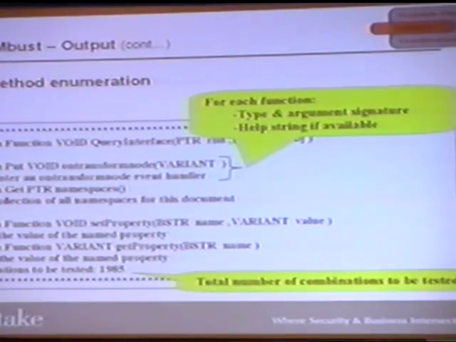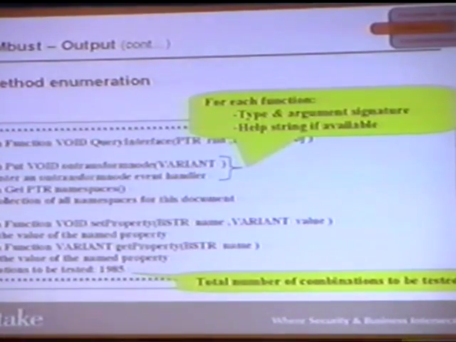Then it goes into the second part, which is enumerating all methods that are accessible. So right there, for each method it can find, it says, is it a function? Is it not a function? What's the signature of the function? So for example, the first one at the top, void query interface, takes in a PTR, a pointer, and something else.